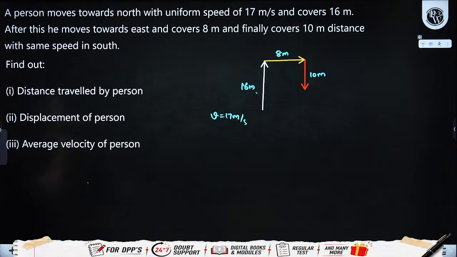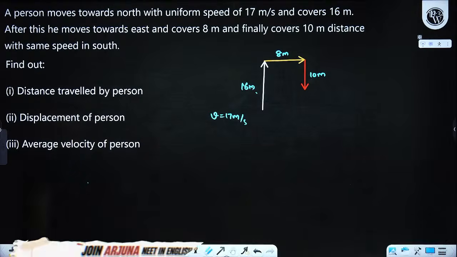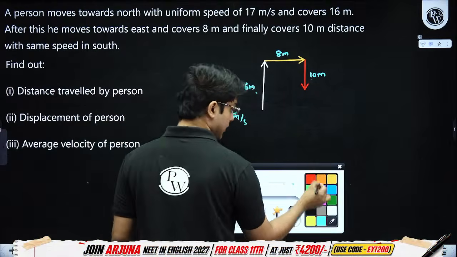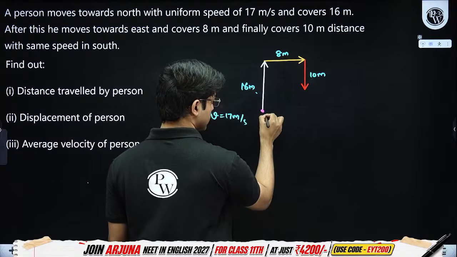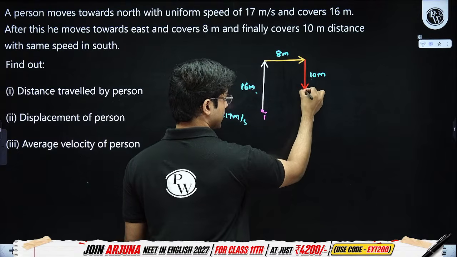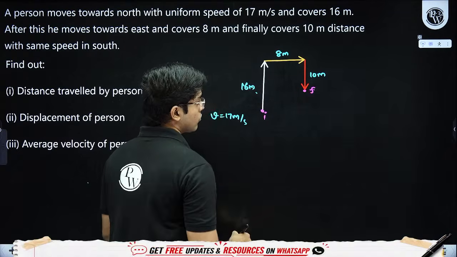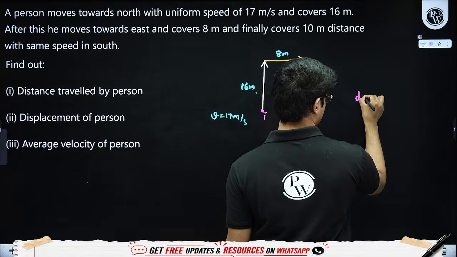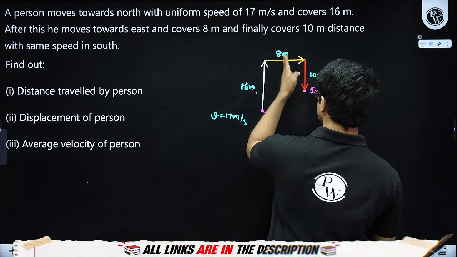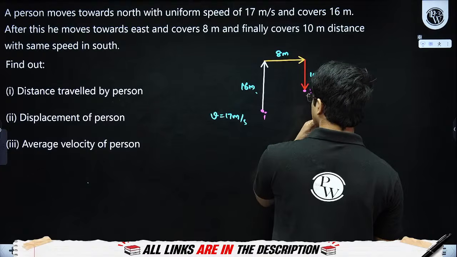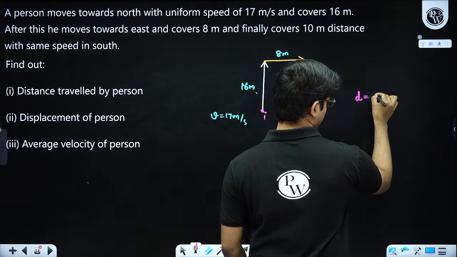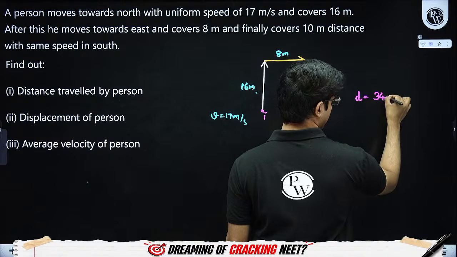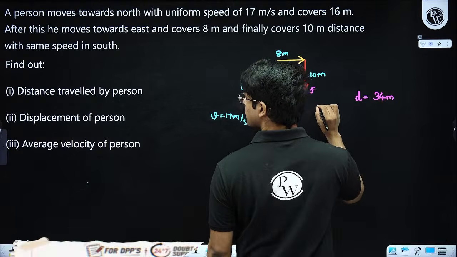So the first question is, what is distance? Distance is simply the total path length. This is the starting point, this is the ending point. So distance will be 16 plus 8 plus 10, right? So that will be 34. 34 meters is the distance.